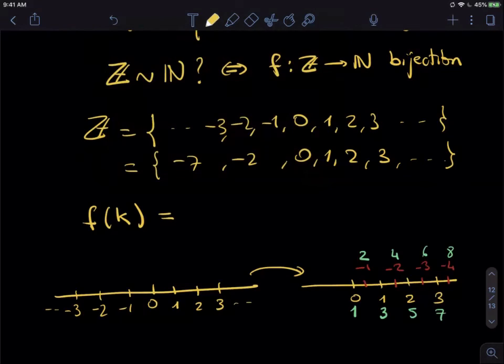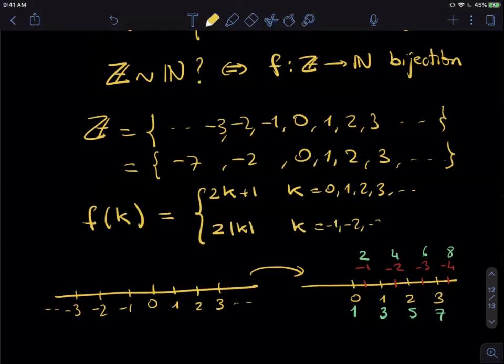So what we are going to do is define f of k as 2k plus 1 if k is 0, 1, 2, 3, and so on. And we are going to define f of k as 2 times the absolute value of k if k is -1, -2, -3, and so on. For example, let's say k equals -3.